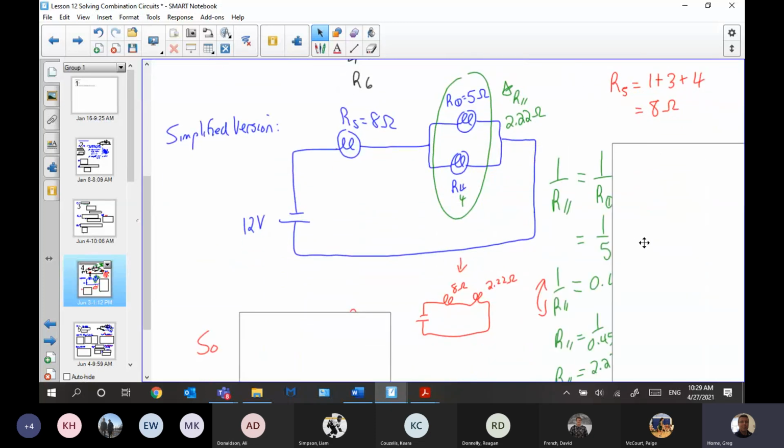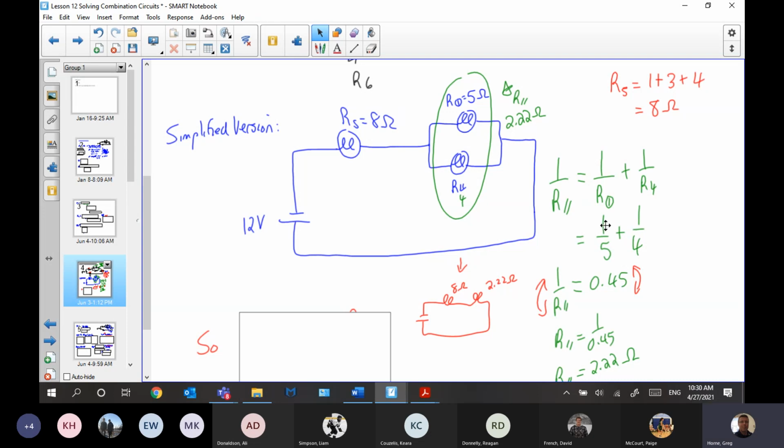So this part here, knowing that the 4 ohm and the combined 5 ohm total are in parallel, would add up with parallel resistance techniques.